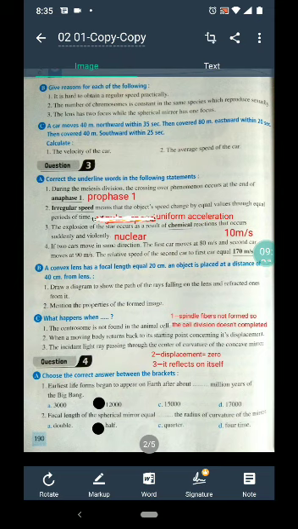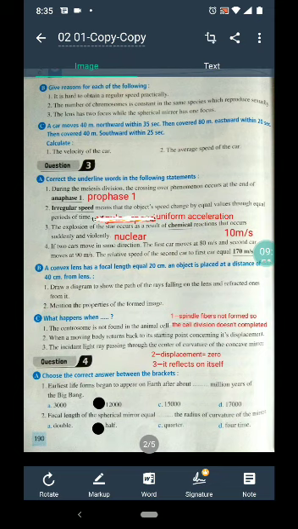Number 2: when a moving body returns back to its starting point, concerning its displacement, since it returned back to the start point, there is no displacement, so the displacement equals 0.